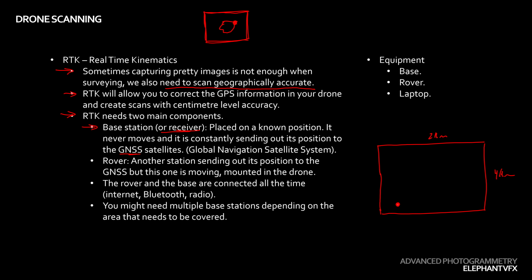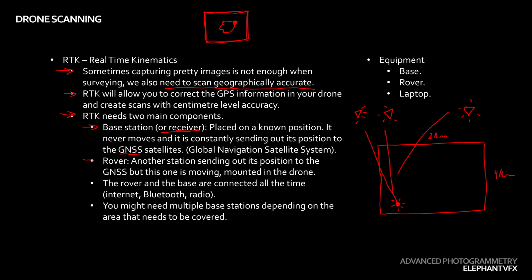This base station is sending the GPS location of itself, real-time, non-stop, constantly, to satellites, right? We have a huge network of satellites that is part of the Global Navigation Satellite System. So this is constantly sending the position to those satellites. So it's extremely accurate, right?